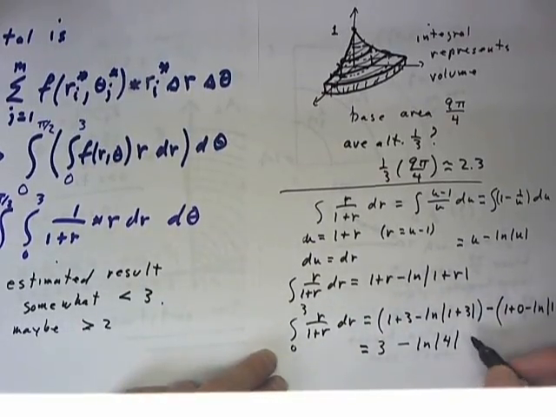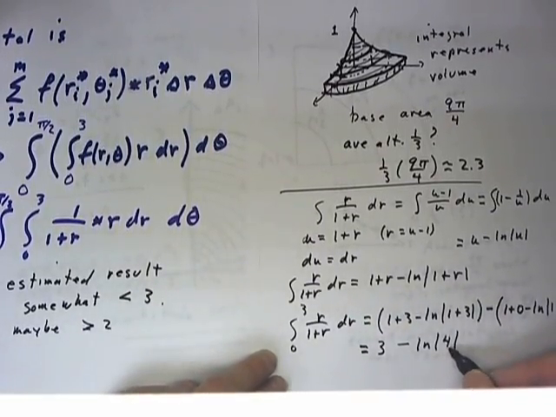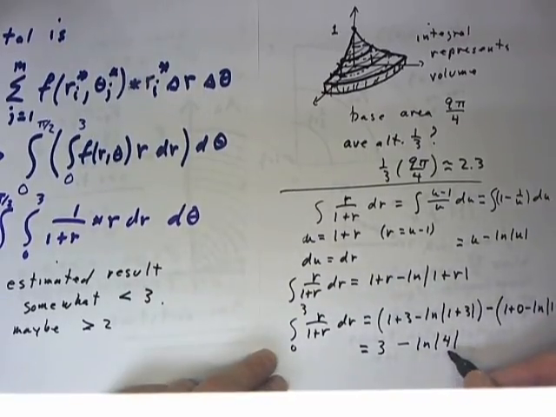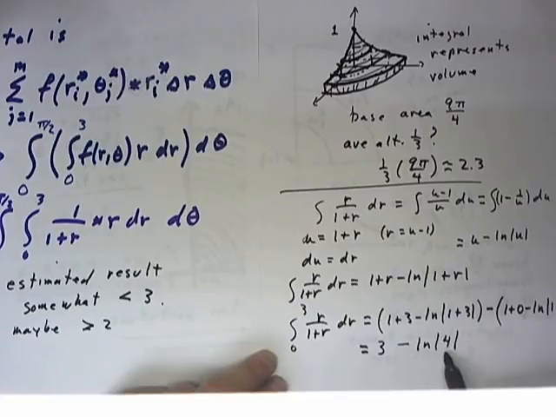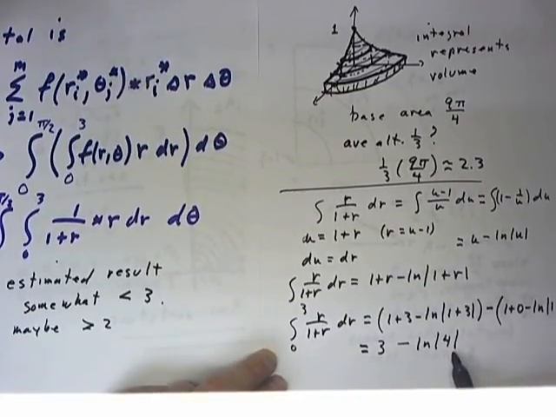Now e is about 2.7, 2.71828, etc. If we square 2.7, we get about 7.3. 4 lies between 2.7 and 2.7 squared, so this natural log will be somewhere between 1 and 2.